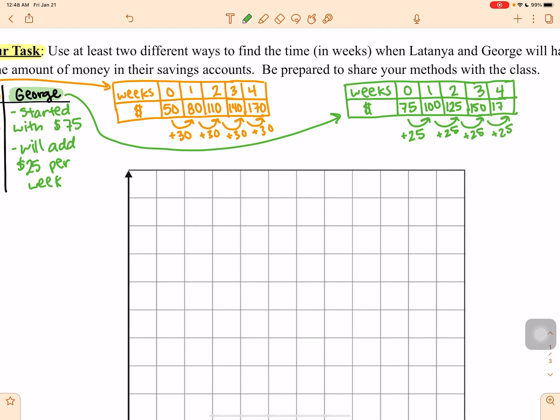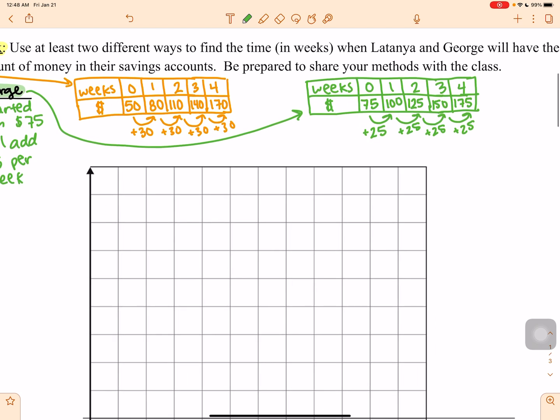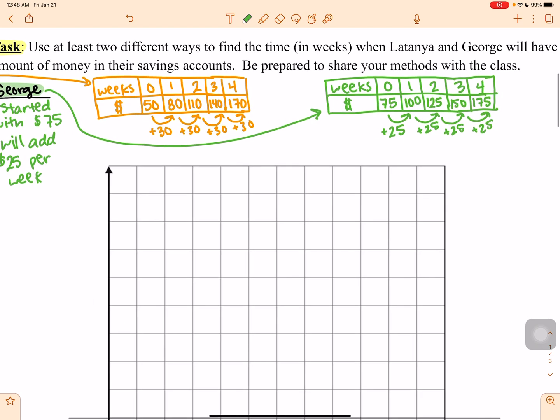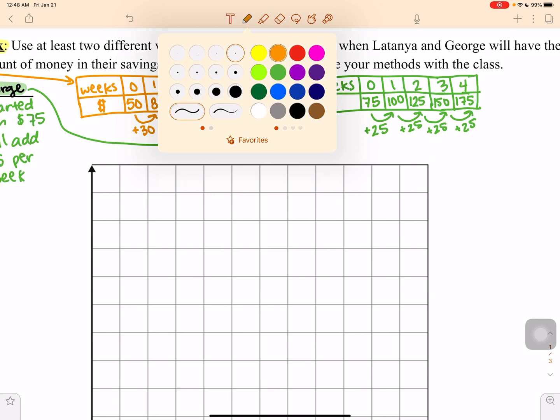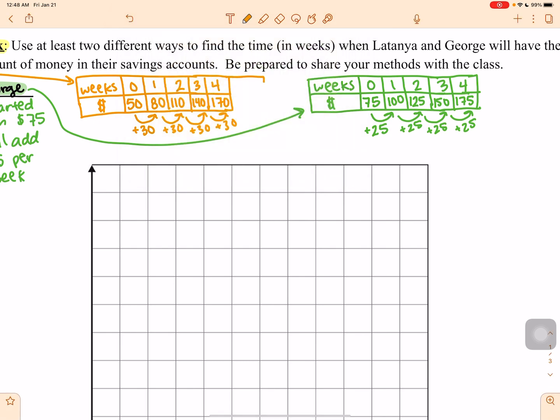All right. So now if you guys look here, we're not quite there yet, right? So there's no week where they have the same amount of money. So what we want to do is add on another week to each of them, and just keep on adding on more weeks until you get to the amount that they have the exact same.